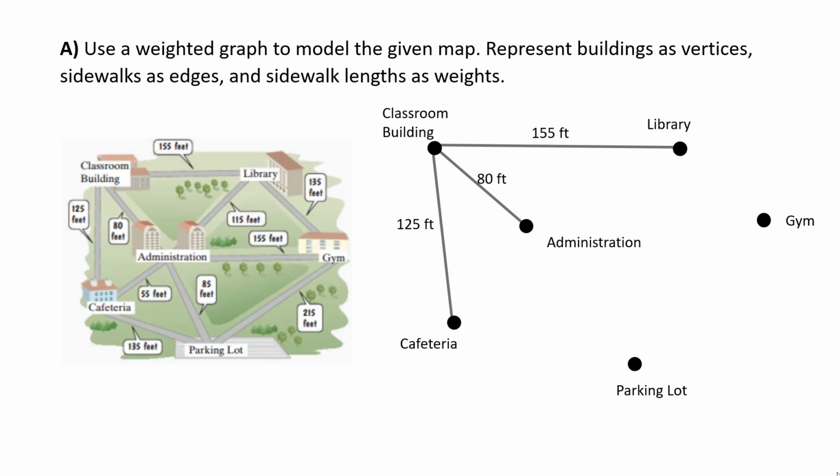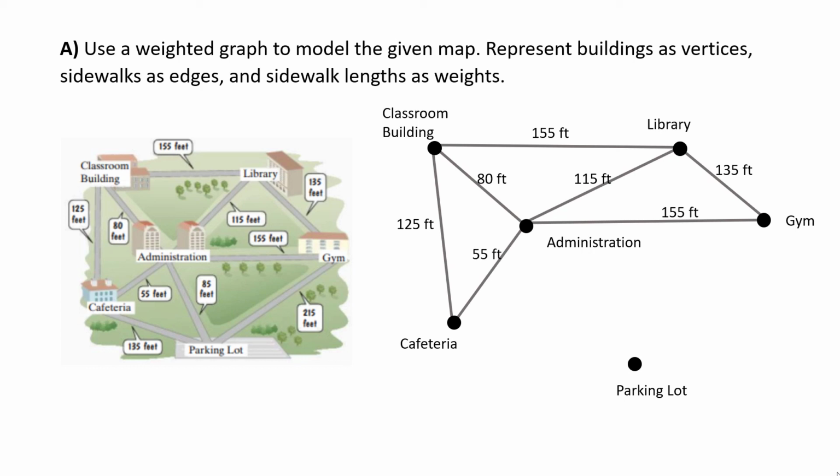Between the library and the administration building, that's 115 feet. Between the library and the gym, that's 135 feet. And between the gym and the administration building, 155 feet. Between the administration and the cafeteria, it's a 55-foot walk.